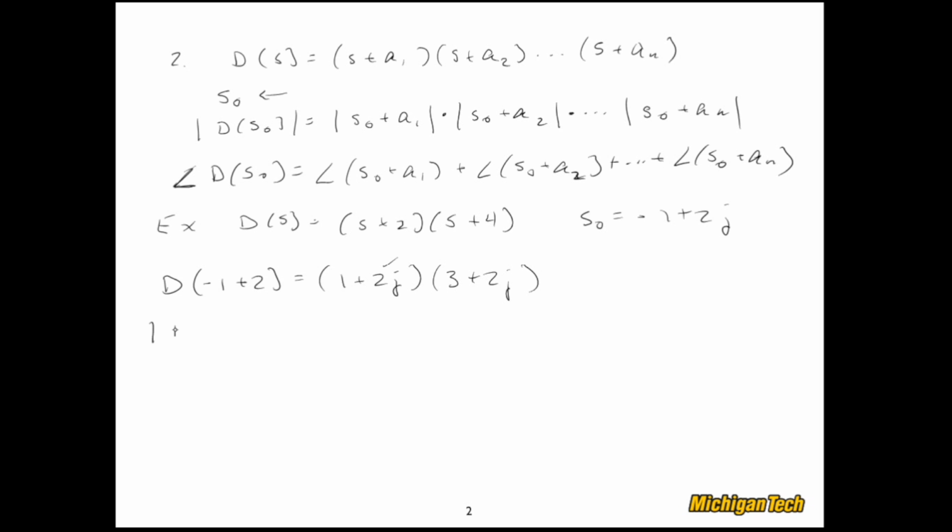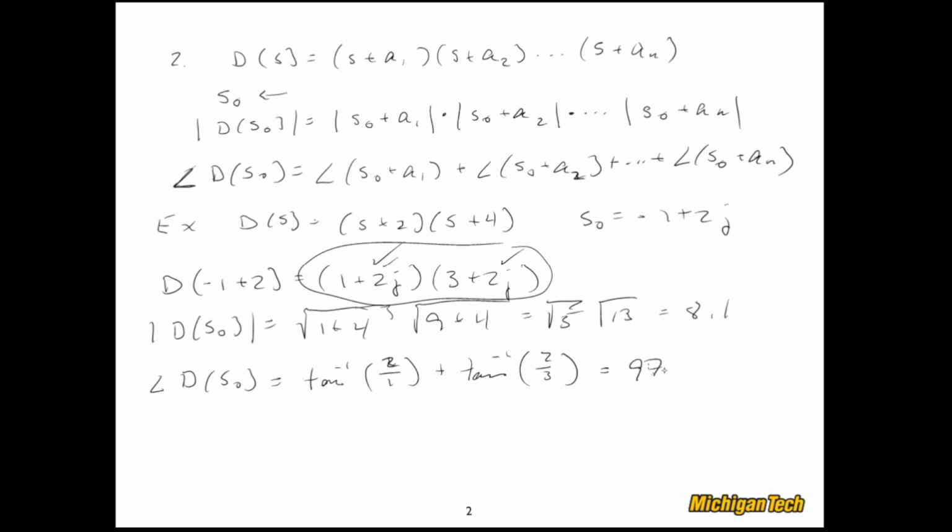Great. So now the magnitude of d at this value of s0 is equal to the magnitude of this quantity. That would be 1 plus 4 times the magnitude of this, which would be 9 plus 4. Square root of 5 times square root of 13, and it's about 8.1 or so.